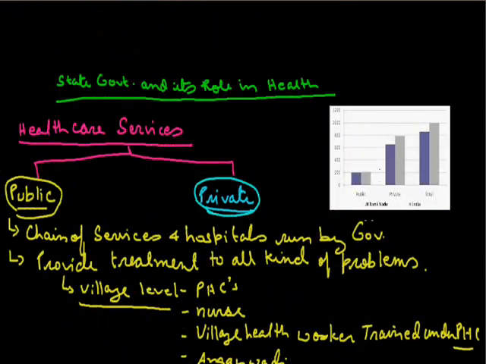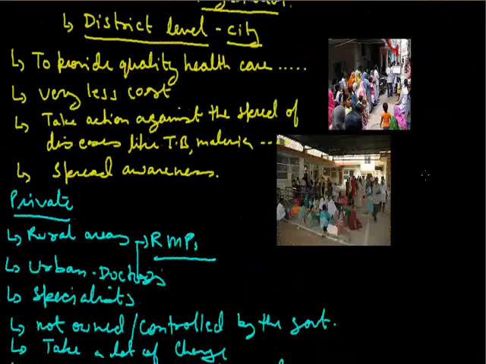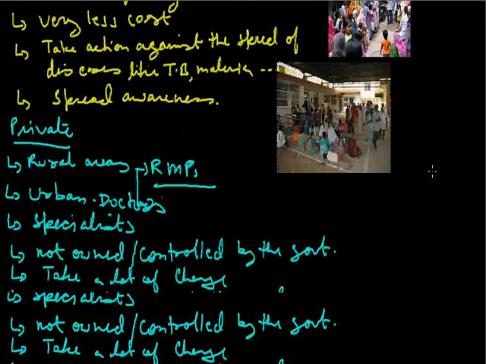And we can see in this diagram, whether a district, a state or India, this color is of state and this one is of India. We see the development of hospitals in India is increasing, but instead of public ones, private health centers have developed too much in India, which are not affordable for all the people.